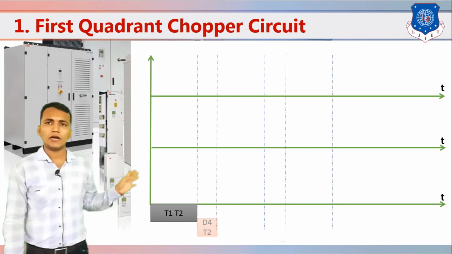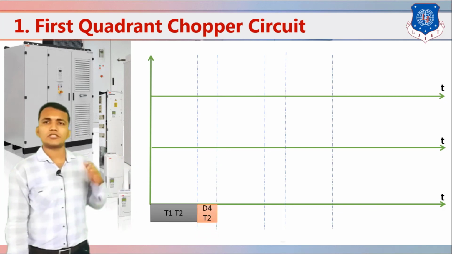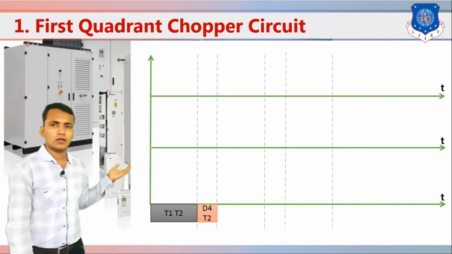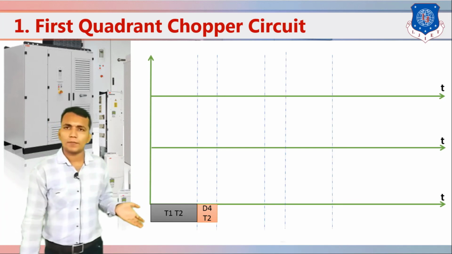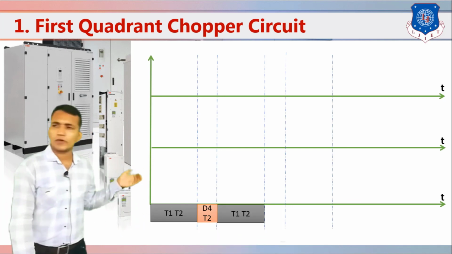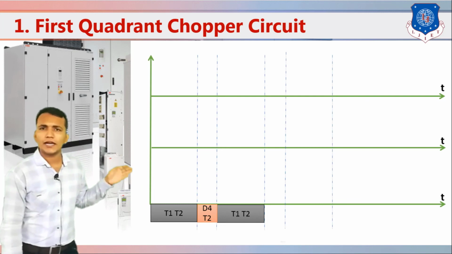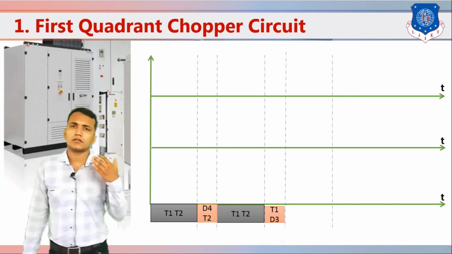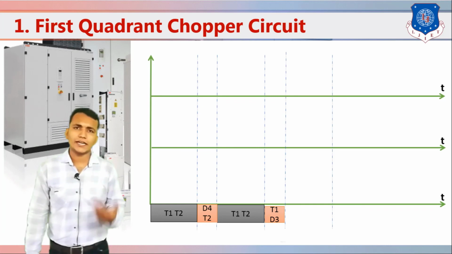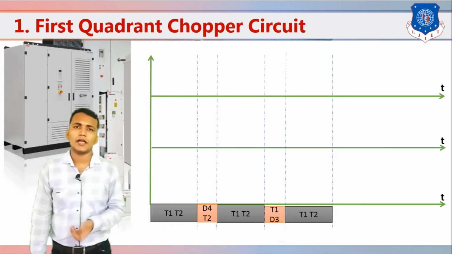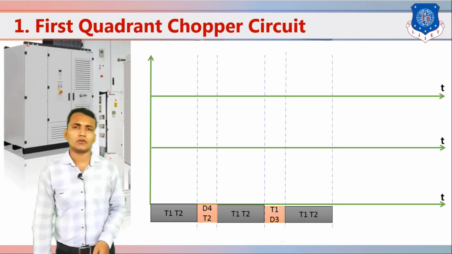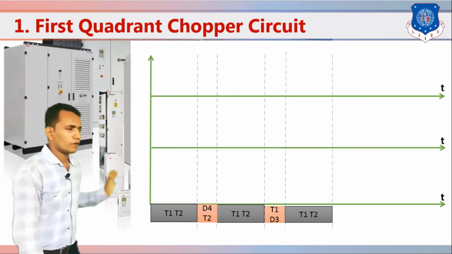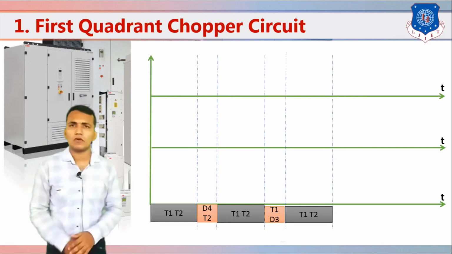Then in mode 2, T1 will be off, and diode D4 and T2 will be on. Then in the next mode, transistors T1 and T2 will be on. Then T2 will be off, and T1 and D3 will be on, and in the next cycle T1 and T2 will be on. So those are modes 1, 2, 3 and 4.